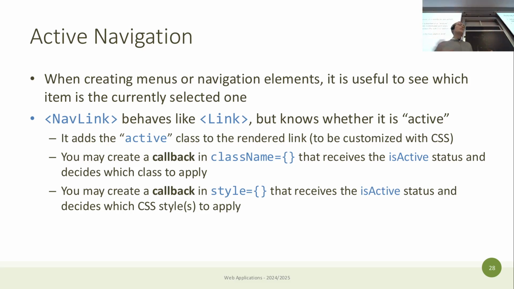It's typical for menus or navigation bars and so on. It's more convenient. It does things automatically for you. You don't have to highlight it manually with your code. Just convenience.